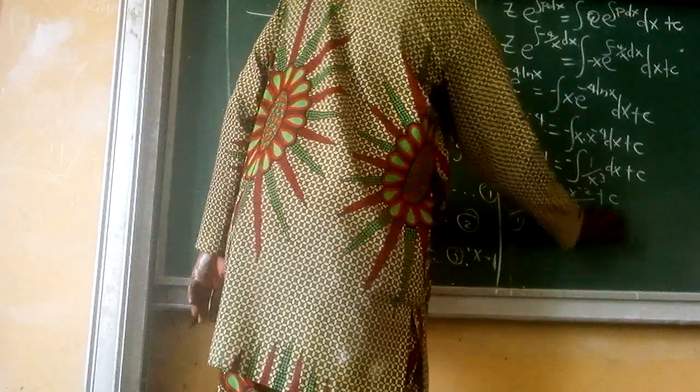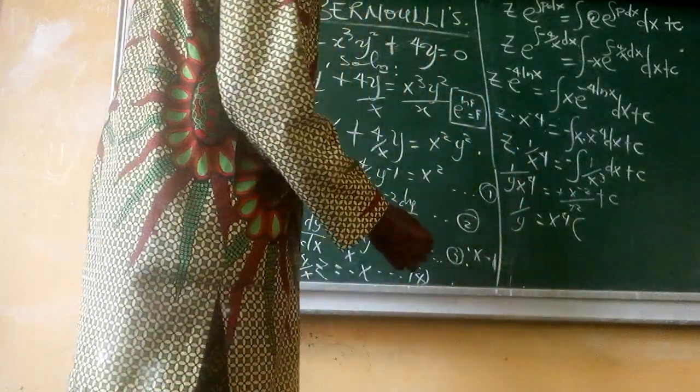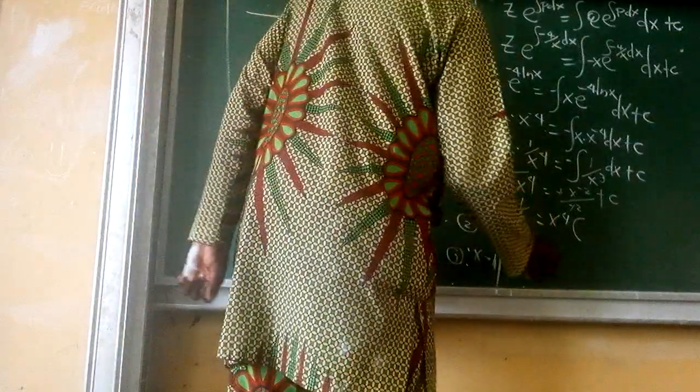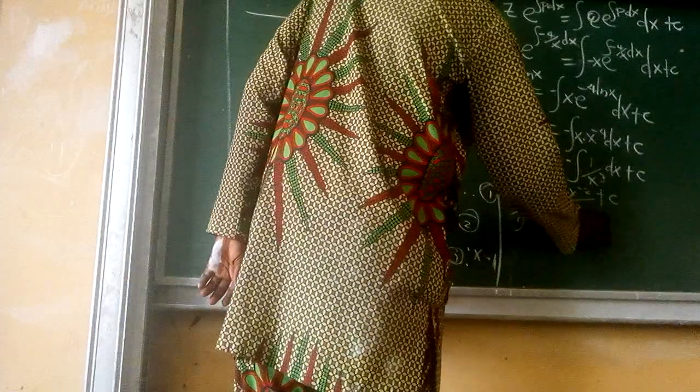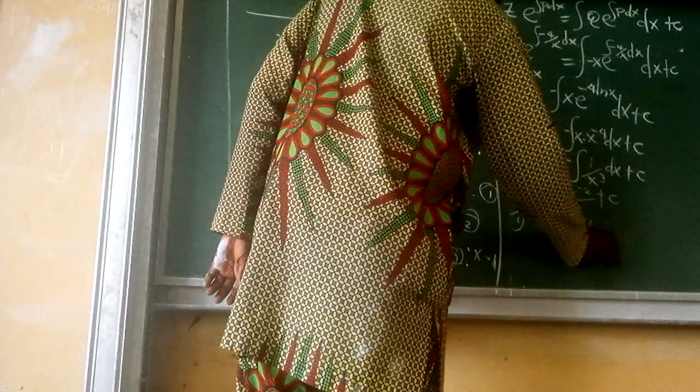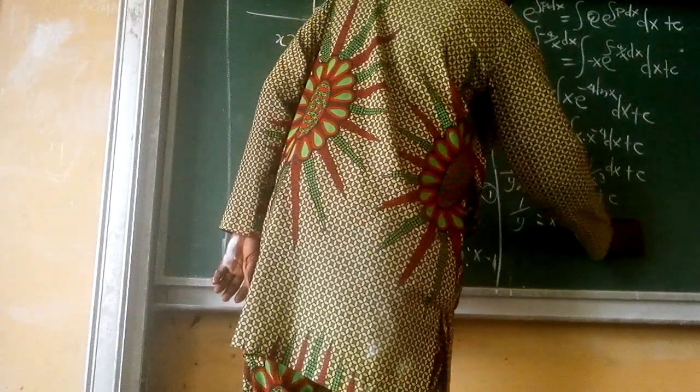Then we relate this to give us x raised to the power 4 times this, and the minus is gone based on the minus here because of the reciprocal 2 that appeared in the integration. So at the end of the day, what we'll be having is a reciprocal of this, which gives us 1 over 2x squared plus arbitrary constant c.